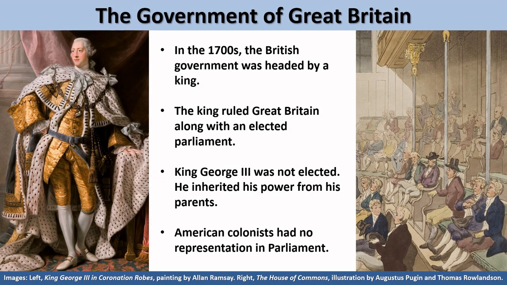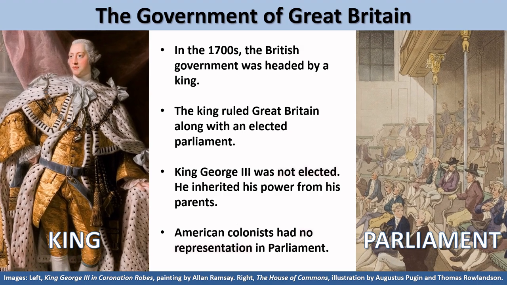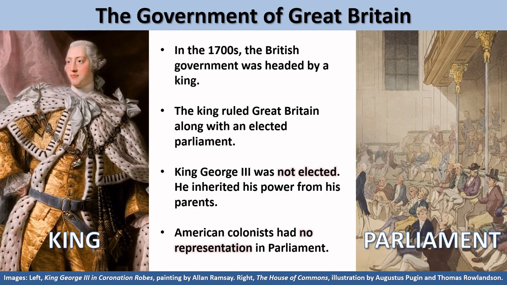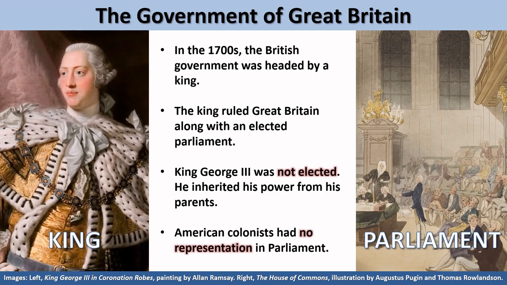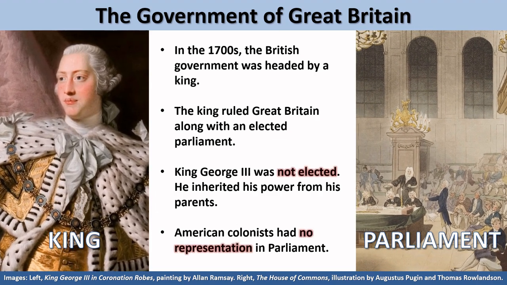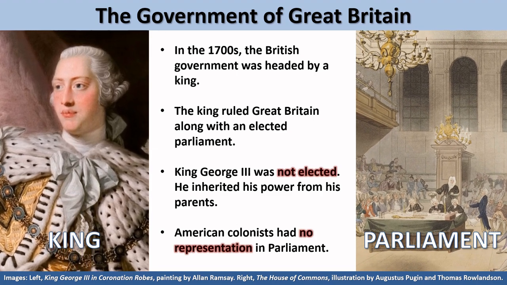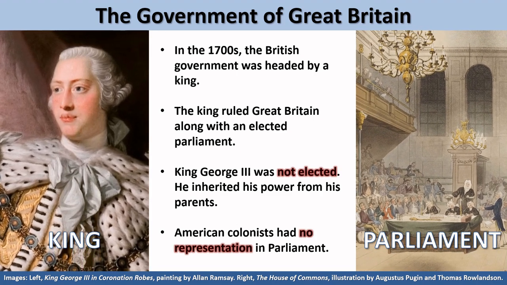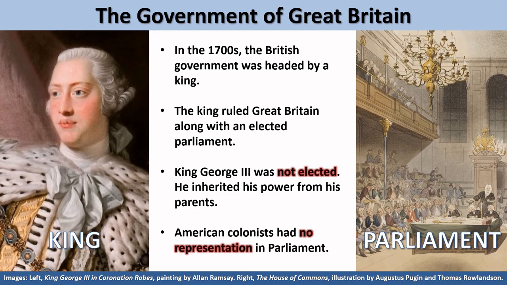During the colonial period, Great Britain was ruled by a king and a parliament. King George III was the nation's hereditary ruler. He was not elected. Instead, he inherited his power from his parents. Britain also had a parliament, somewhat similar to the modern U.S. Congress, but few British citizens and no American colonists had representation in Parliament.